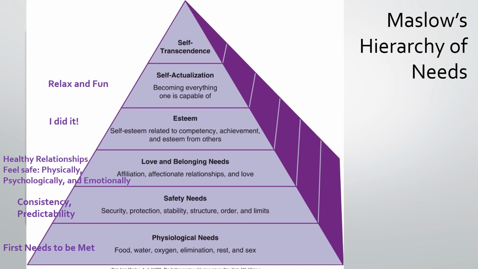And then we can continue moving up the triangle until we hit self-actualization. Once we have self-actualization, we can be relaxed, we can have fun, we can be everything that we are capable of being. But we cannot be everything we are capable of being unless we have all of those needs met below that triangle.